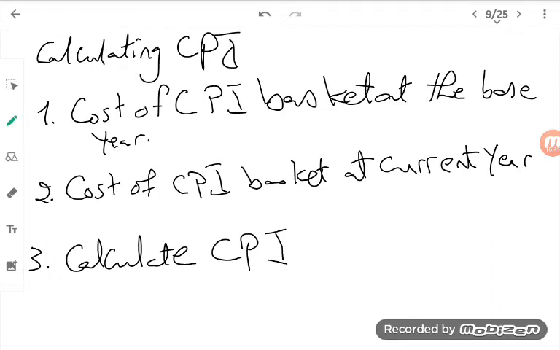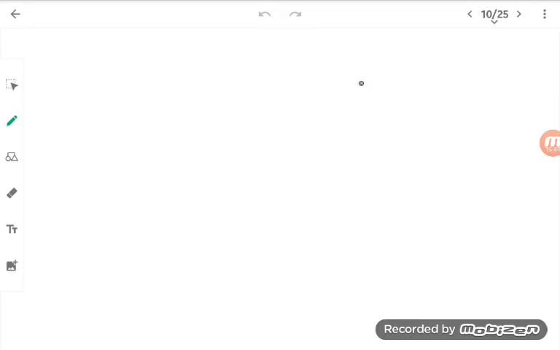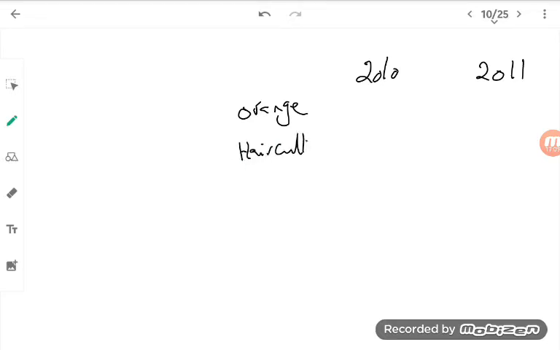Okay, here is an example. If you are given the following data for 2 different years, this is 2010 and this is 2011, orange and haircuts, P and Q. For 2010, the quantity is 10 and 5, while the prices are 1 and 8.